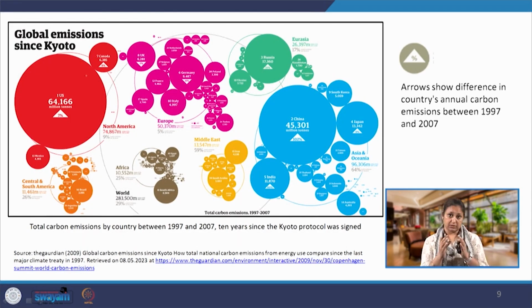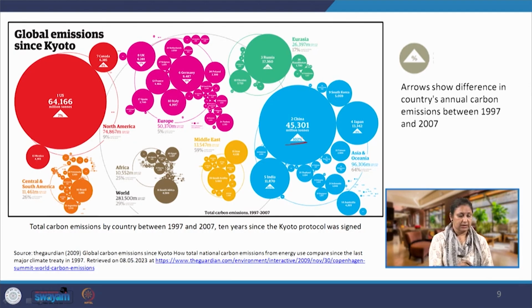And if we look at the overall scenario of global emissions since adopting Kyoto Protocol, that is where I say that Kyoto Protocol has not been a very successful protocol, in the sense that the targets which we had kept for ourselves, we have not been able to achieve. In this graphic, the bigger the circle, the more the overall absolute emission, and these triangles clearly tell us whether the emissions have increased or decreased since the parties ratified Kyoto Protocol.